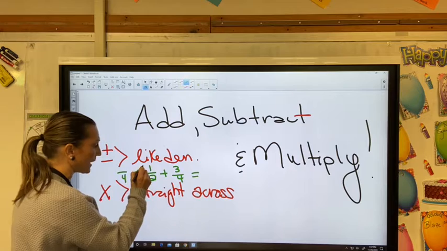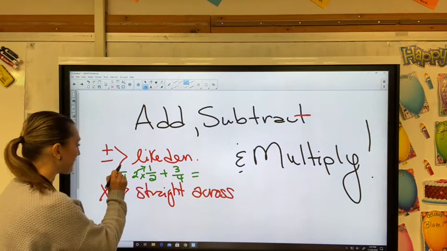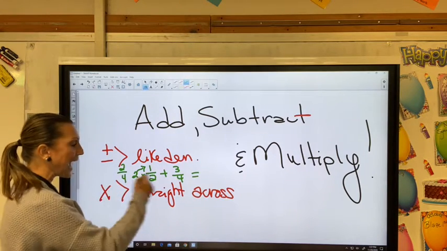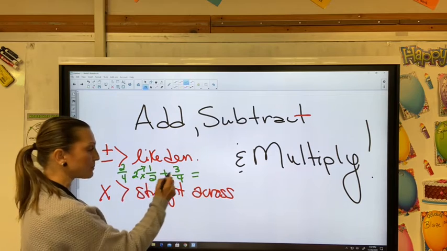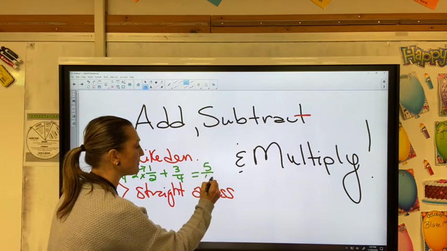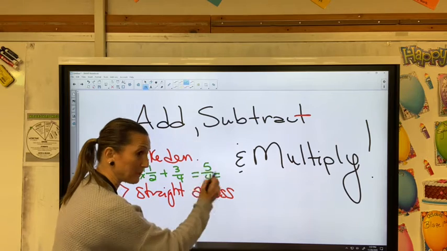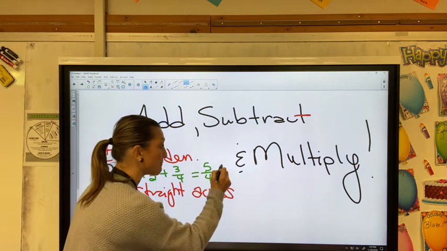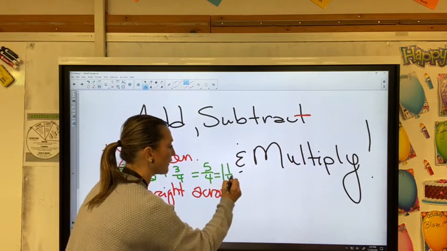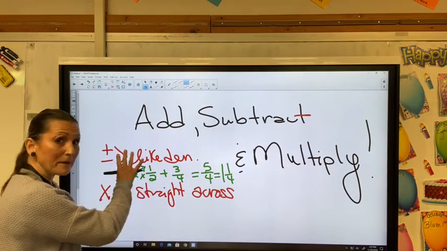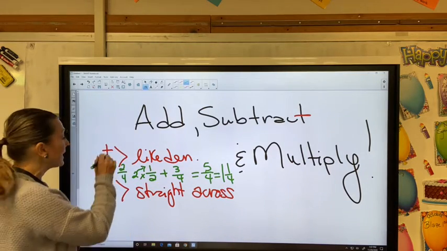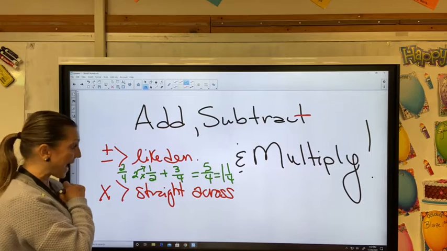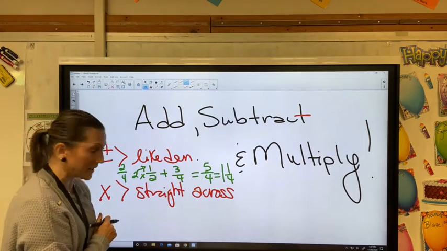And if you recall, whatever we do to the bottom, we must do to the top. So this over here is 2/4. I can now add 2/4 plus 3/4. That'll give me 5/4, which is an improper fraction that I'll change to a mixed number, which is 1 and 1/4. And you've got to remember that this is 5th grade, where you added and subtracted fractions, making like denominators.